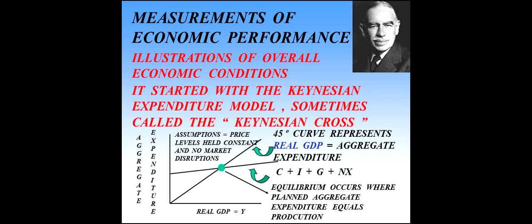Now, where the two curves intersect, the 45-degree curve representing real GDP and the inputs curve, he called the equilibrium point for an economy where the planned aggregate expenditure equals the production.